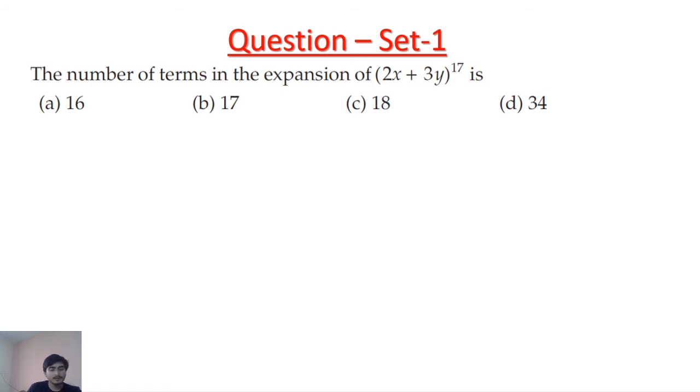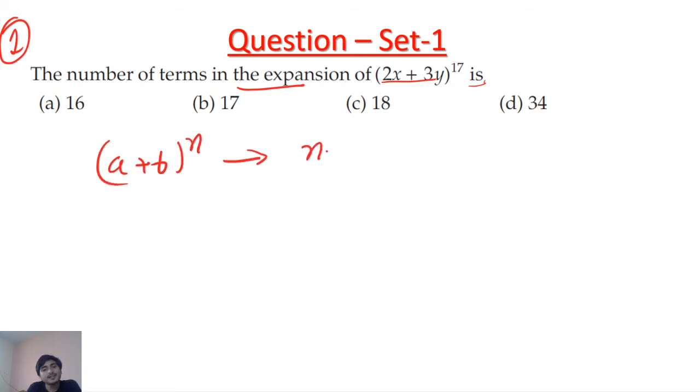Okay, next we are coming to questions. First, question number 1. Can anyone answer it? Anyone who is online? The number of terms in the expansion of (2x + 3y)^17 is, so what is this value? If (a + b)^n is there, then how many terms would be there? n + 1 terms, right?